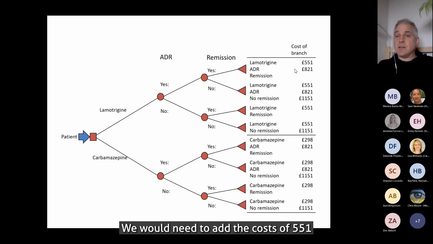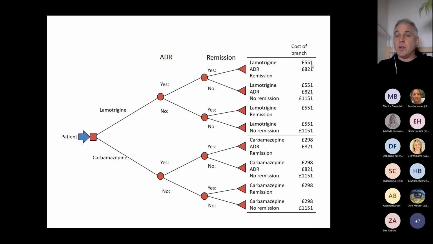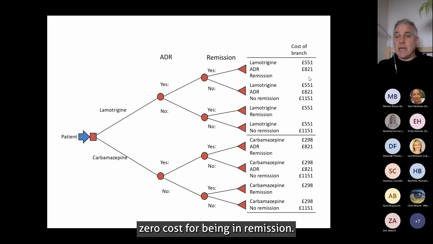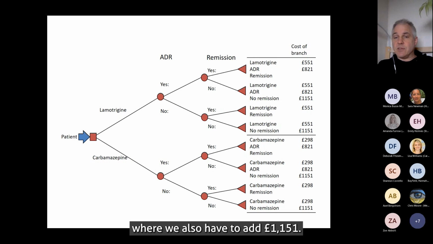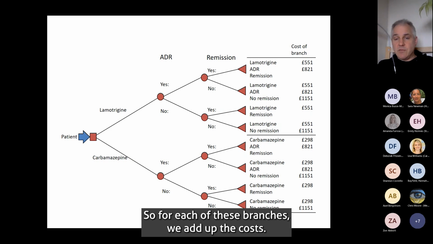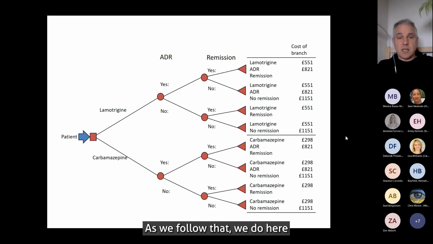We would need to add the costs of 551 and 821. There's 0 cost for being in remission, but there is a cost of not being in remission, which would represent that second branch, where we also have to add £1,151. So for each of these branches, we add up the costs as we follow that pathway.